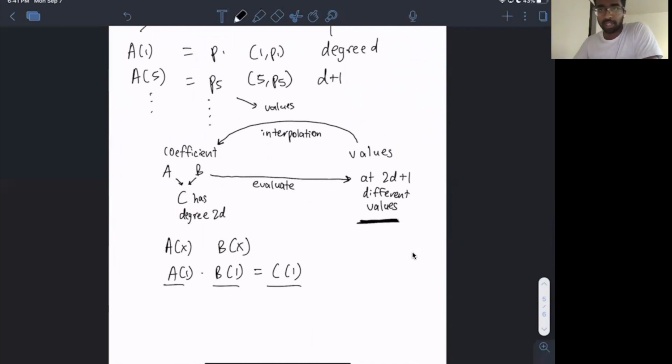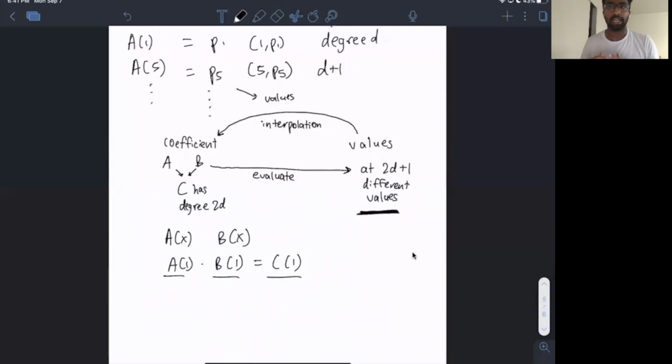We use those 2D plus 1 values and interpolation, what we learned in CS170, to go back and recover the coefficients of C. And so at the end of this, we're going to get back what C looks like and what the coefficients of C are. And so where FFT comes into the picture is in this evaluation step.